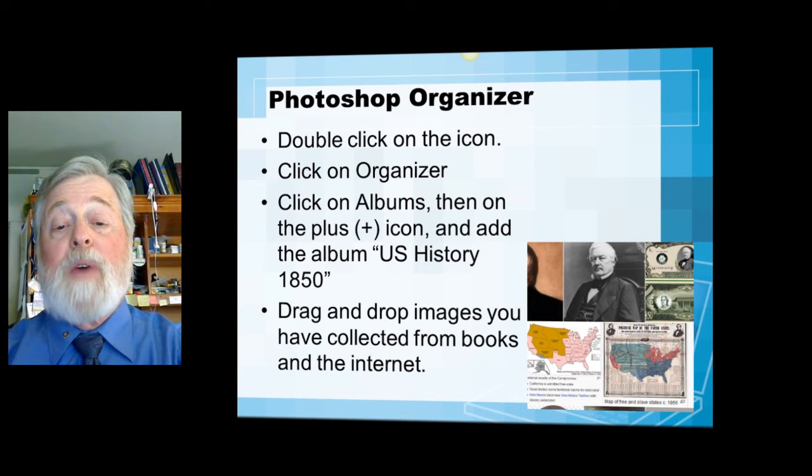The next step is to drag and drop images that you've selected into that album. So you can just open up your regular computer section and drag and drop those either from your folder or from your desktop into Organizer.